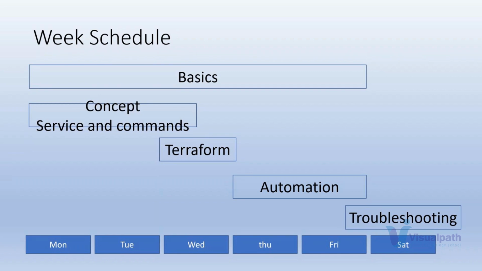But here in the course, you will be learning how to manage your Terraform code. There may be some conditions, there may be some iterations involved, so you will learn all those scenarios here.